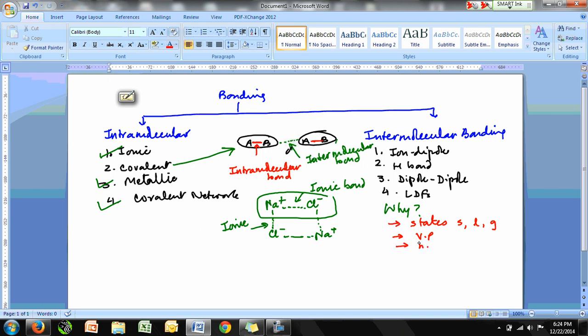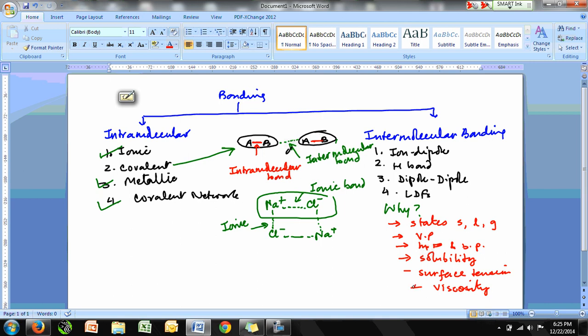The melting points and boiling points of substances are also determined by the strength of intermolecular bonding, as well as their solubility. Like dissolves like. In addition, surface tension and viscosity are also two properties that are determined by intermolecular bonds.